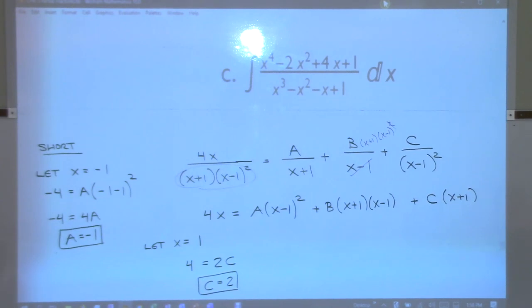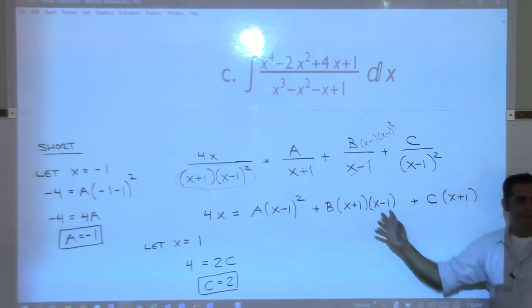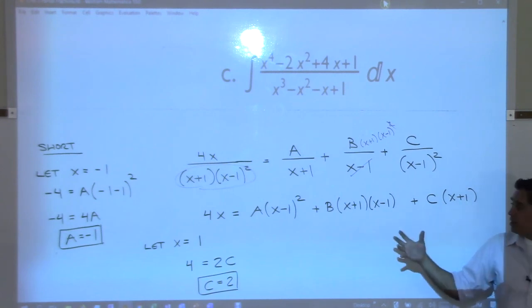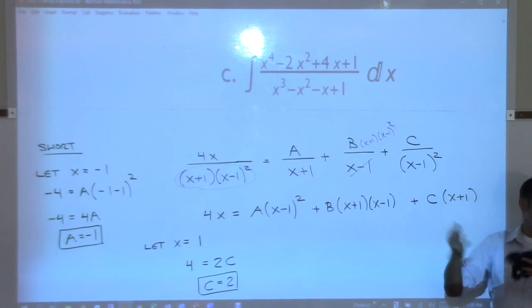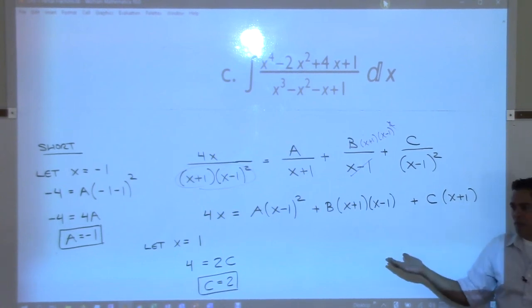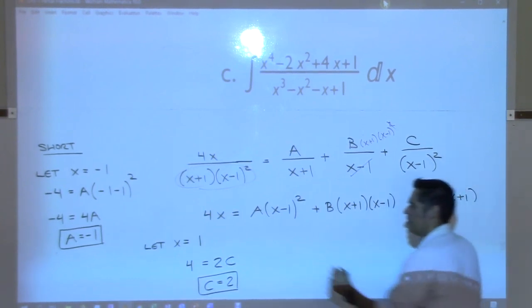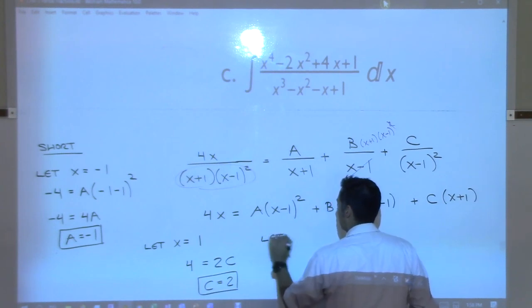As long as we use an x that isn't something we've used already and won't mess these things up, we should be able to come up with an equation. That equation should have a, b, and c in it, and we already know what a and c are. So that will just leave b. We're going to pick x to be anything we want, other than -1 and 1.